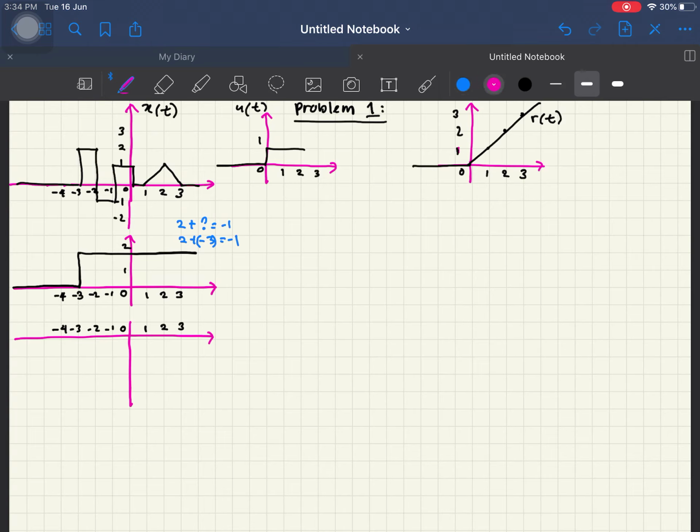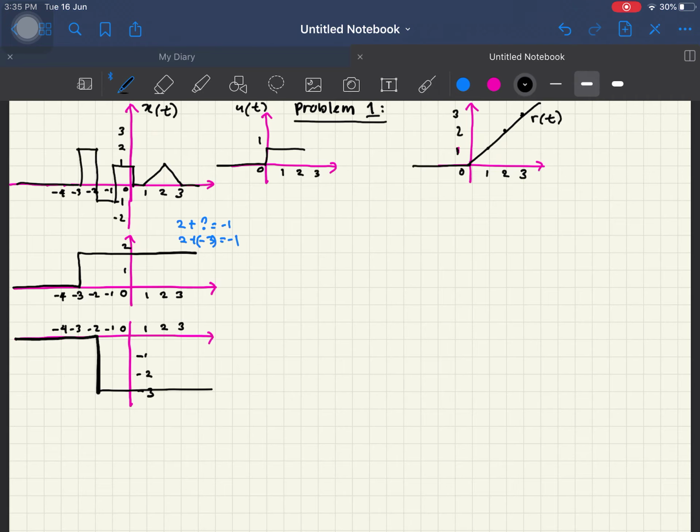So the amplitude of the second signal will be -3. So you have a signal that is 0 until t equals -2, and then it has a step at t equals -2, where the amplitude becomes -3.